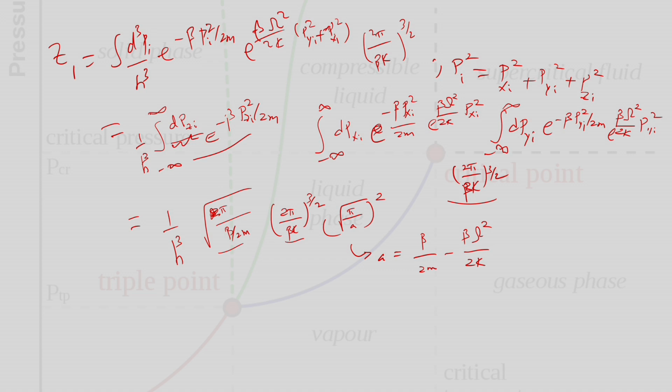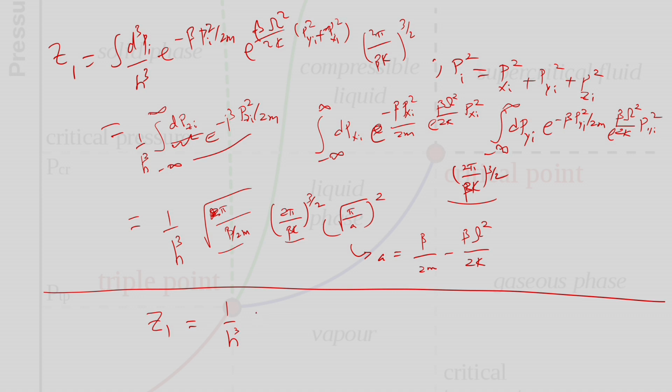Okay. So, that is the partition function for one particle. So, let me write that out properly. It is going to look like 1 over h cubed times 2 m pi over beta raised to 1 half, times 2 pi over beta kappa raised to 3 halves, times pi over a, which is beta over 2 m minus beta omega squared over 2 kappa.